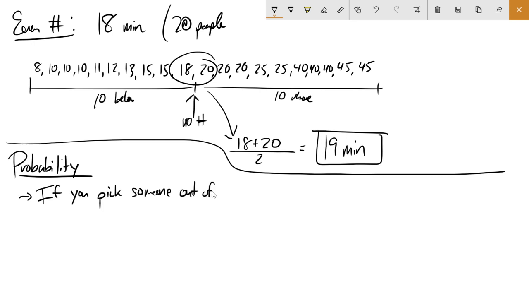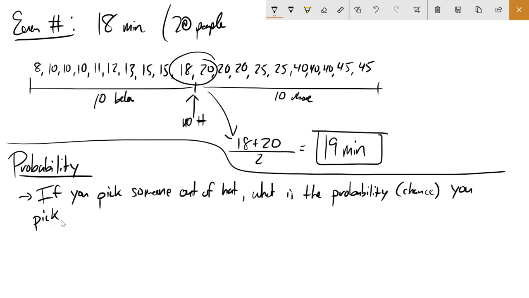Let's say I'm just randomly picking names. Then I'd like to know, what is the probability, or what are the chances? Probability is kind of another way of saying the chances that you end up picking a person with a 20-minute commute.